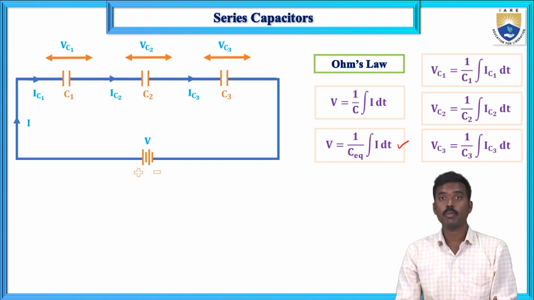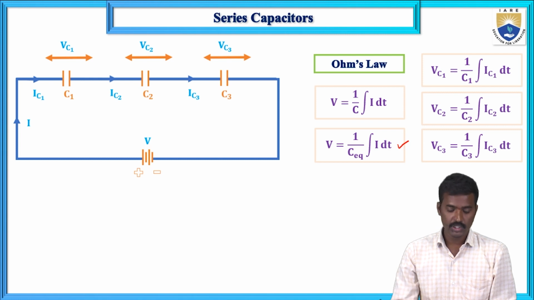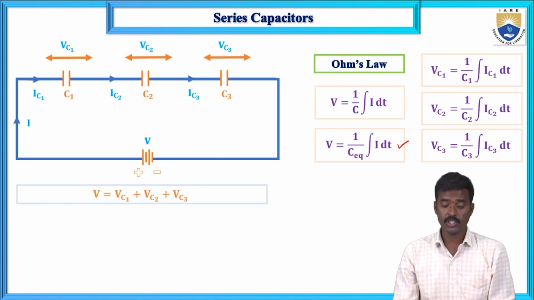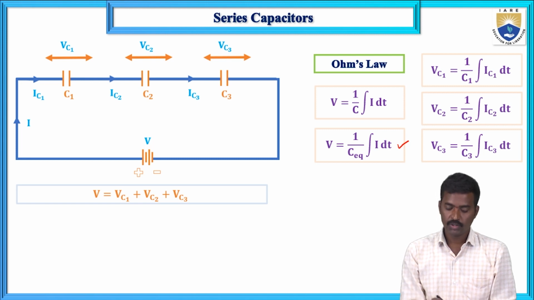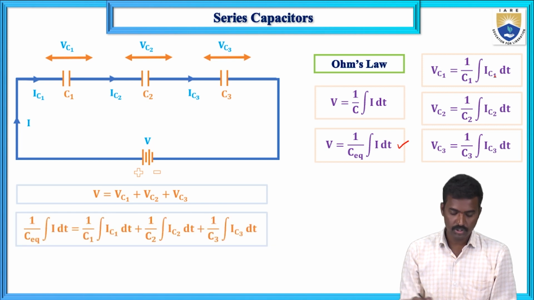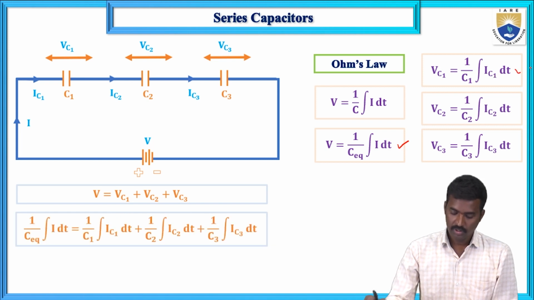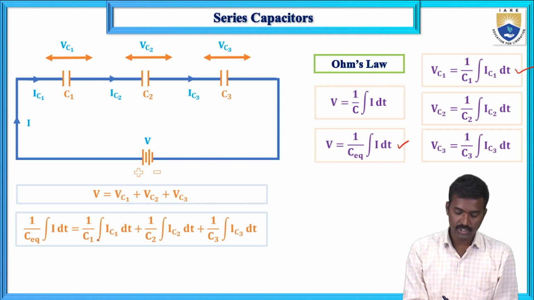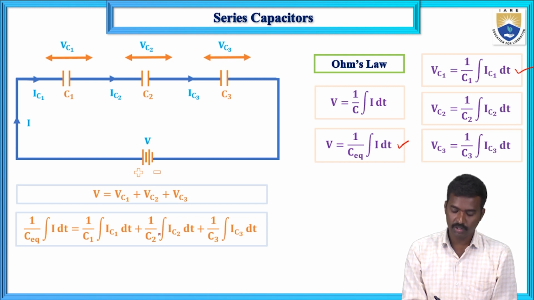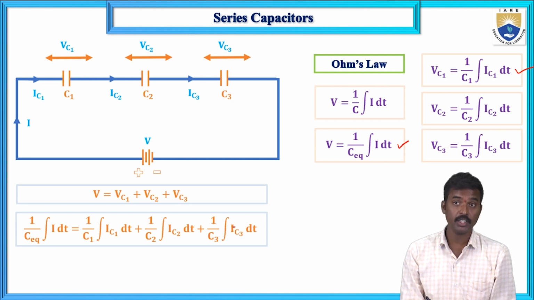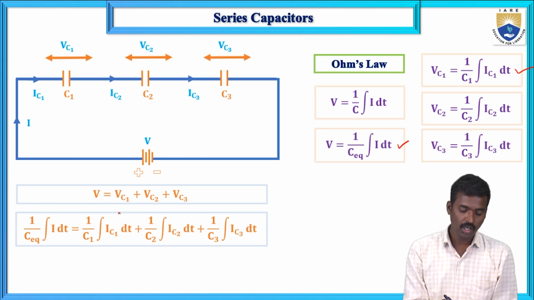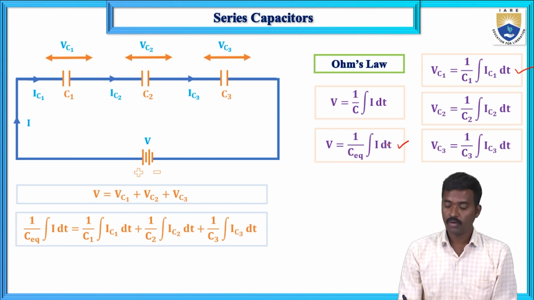Now, series connection, second property: supply voltage equals the sum of the individual capacitor voltages, V equals VC1 plus VC2 plus VC3. Here VC1 is 1 by C1 integral of IC1 dt, VC2 is 1 by C2 integral of IC2 dt, VC3 is 1 by C3 integral of IC3 dt, and V is 1 by C equivalent integral of I dt.